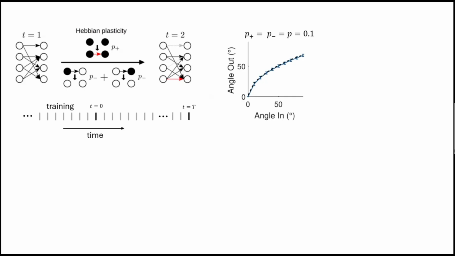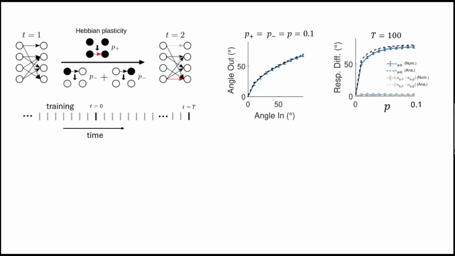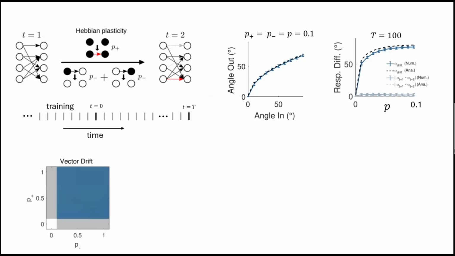Now I'm going to model the changes from one session to the next. I'm going to encode a number of other random patterns. I do 100 patterns in this case, and I find once again that the vector difference is much larger than the angle difference, meaning that once again, the neuronal manifold is preserved.